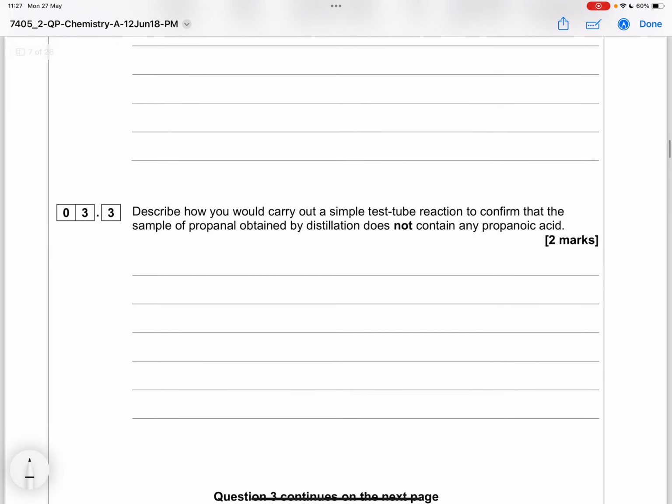How could you carry out a simple test tube reaction to prove that you have propanal and it does not contain any propanoic acid? Now, to test for propanal, we could do Tollens', but that wouldn't prove it doesn't have any propanoic acid. The way to test it doesn't have any propanoic acid is to try and test to see if there is some propanoic acid. And the test for carboxylic acid is to add sodium carbonate or sodium hydrogen carbonate.